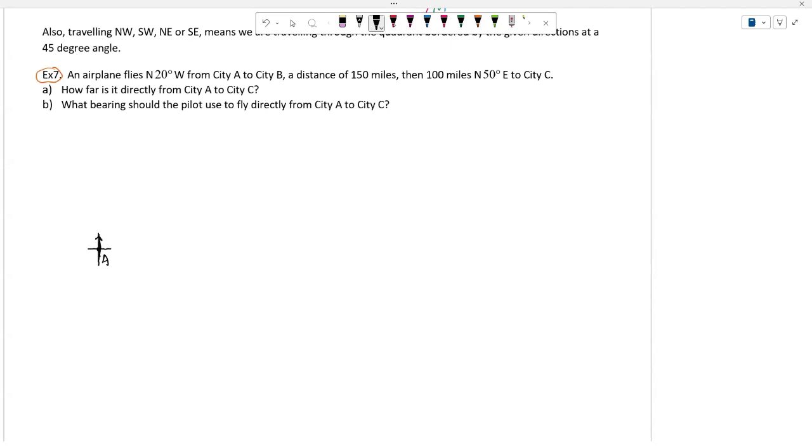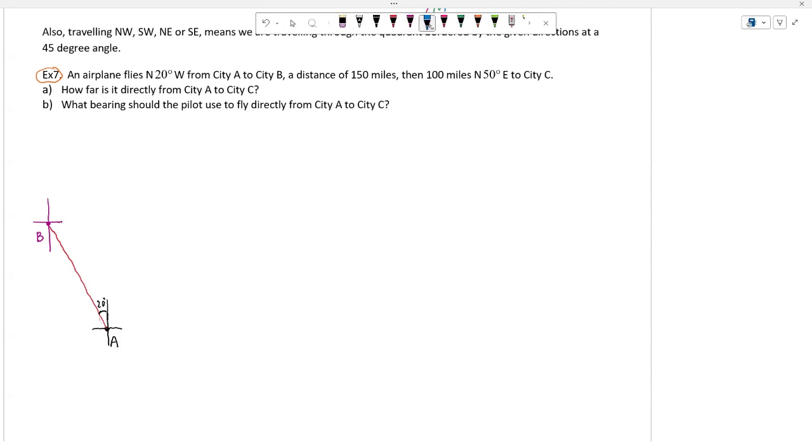And then now we are going to find northwest, and remember this angle right here is 20 degrees, to the city B. And then from here, we find again northeast, right?